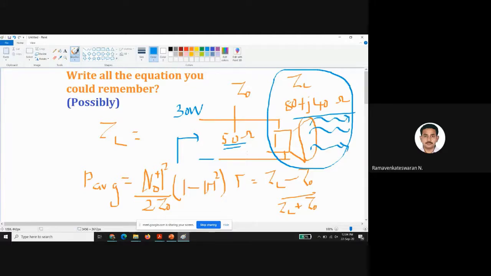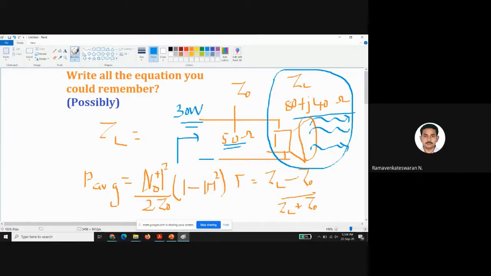In that case, the question is, if 30 watts of power is given to the cable, how much power actually reaches here, how much is transmitted through space? How much is incident on this antenna, how much is radiated? So 30 watts is incident through the 50 ohm cable, and the same 30 watts is supposed to go into space. But actually, what happens?